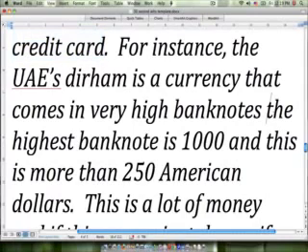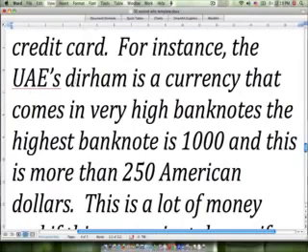So here, the student should have included a full stop and started a new idea. So basically the student is arguing that the dirham comes in a unit of 1,000, which is equal to over 250 American dollars, and that this is very high. That is the student's example.